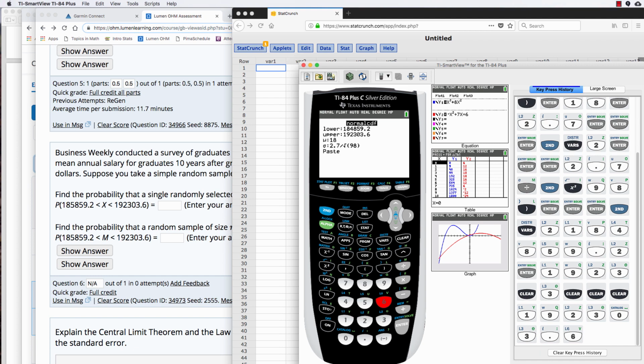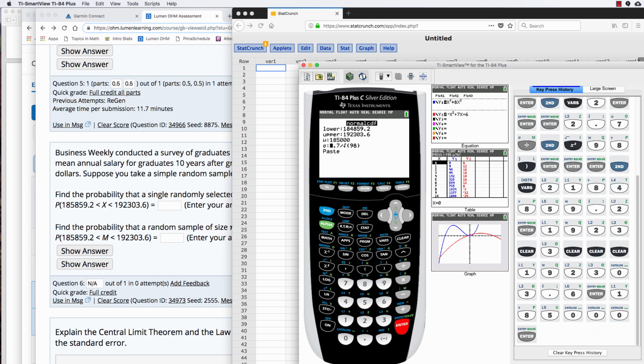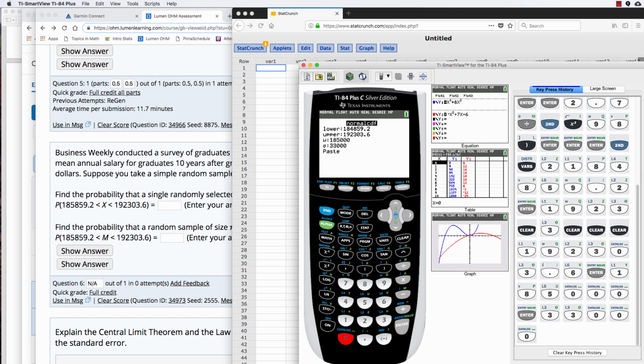Mu is 185,000, and standard deviation was 33,000. And we see that that answer is 0.08928. And we do it again.